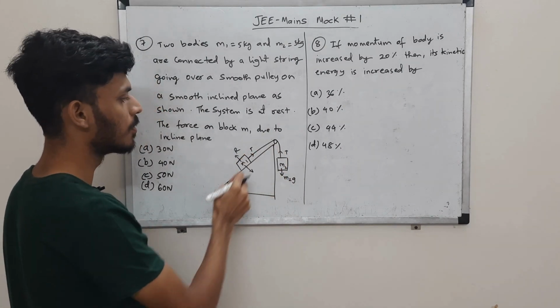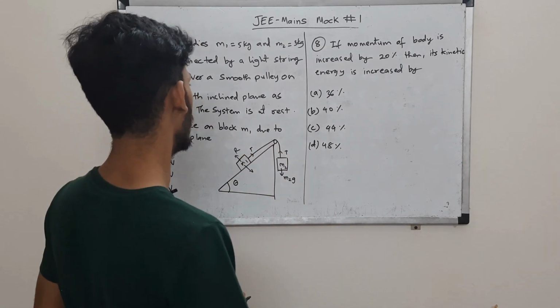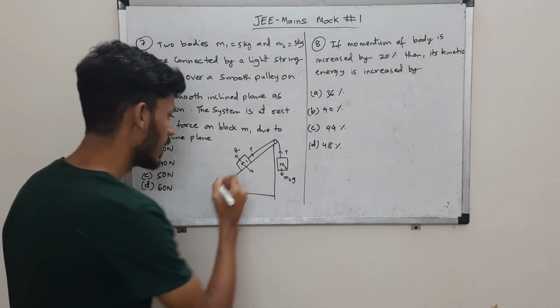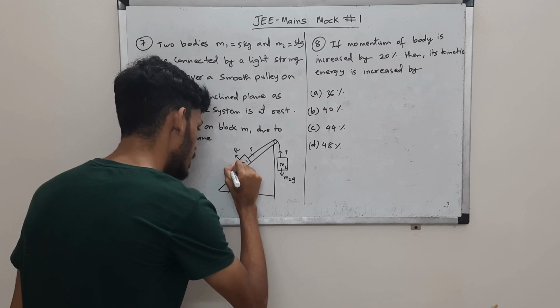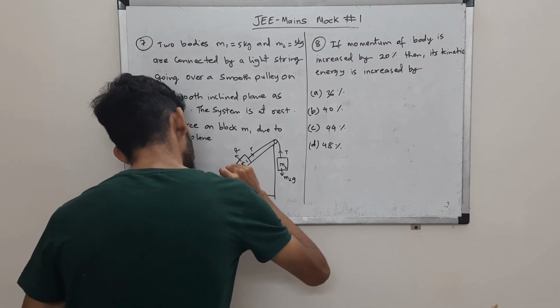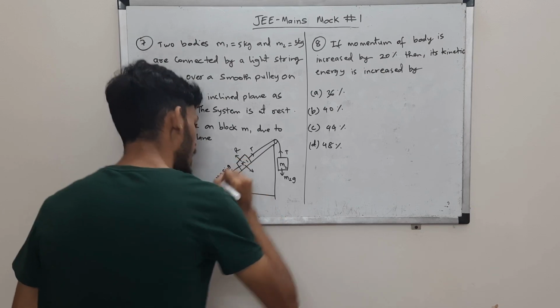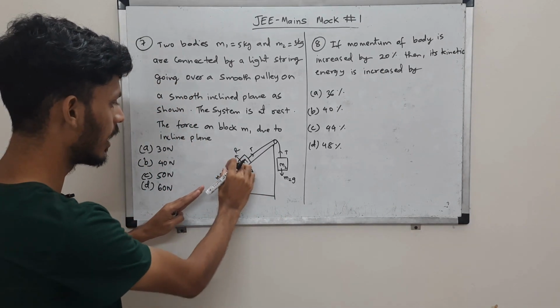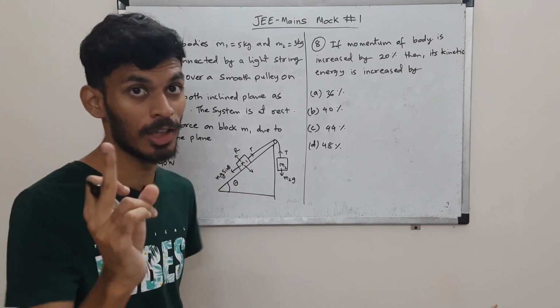The same tension comes over here since the string is massless. This tension T for this block is balanced by m1g sine theta, right? Along the incline, remember that it is sine theta of the weight. m1g is the weight, and sine theta of the weight acts along the incline.